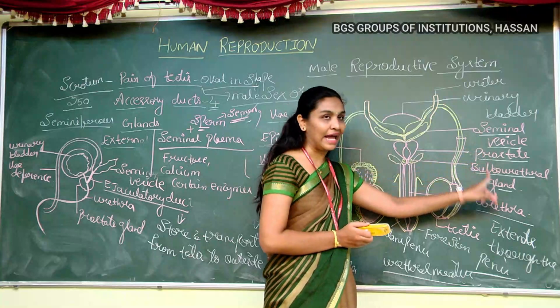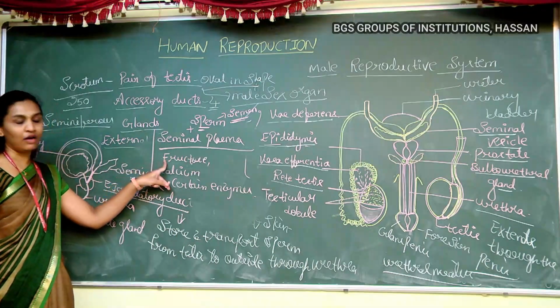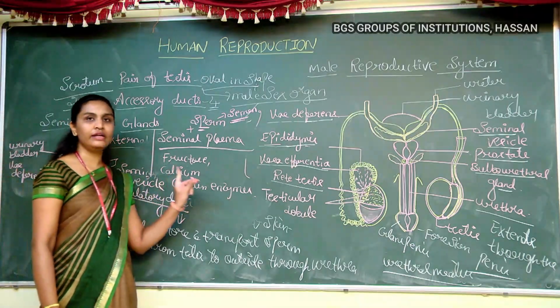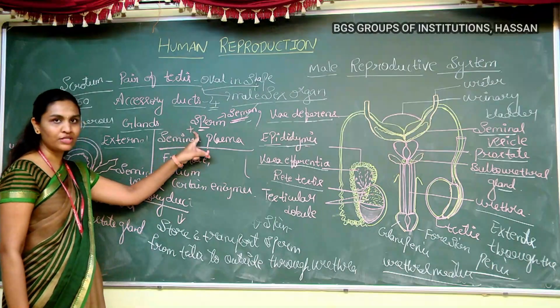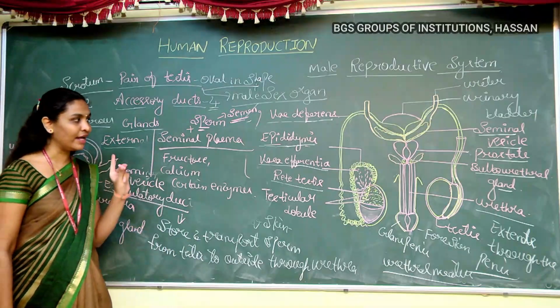Accessory glands secrete seminal plasma, rich in fructose, calcium and certain enzymes. Seminal plasma mixed with sperms is known as semen. That is the function of accessory glands.